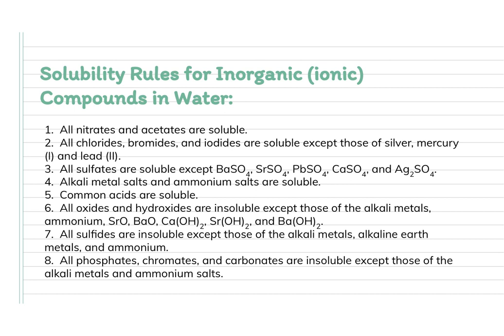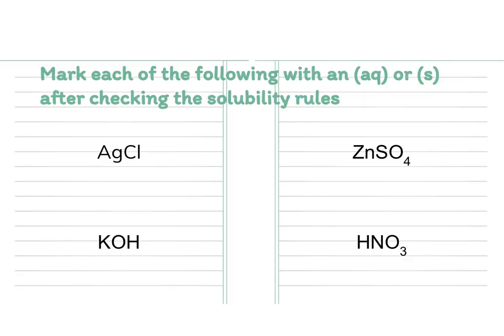The alkali metals are the exception, and potassium is an alkali metal. For sulfates, rule number 3 says all sulfates are soluble except barium, strontium, lead, calcium, and silver. Last, we have a nitrate, NO3, and all nitrates and acetates are soluble.